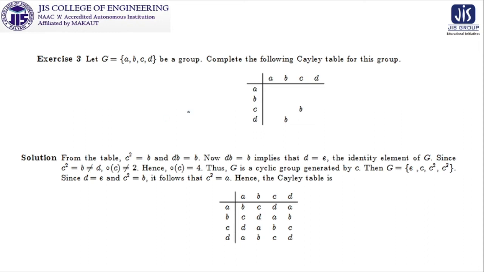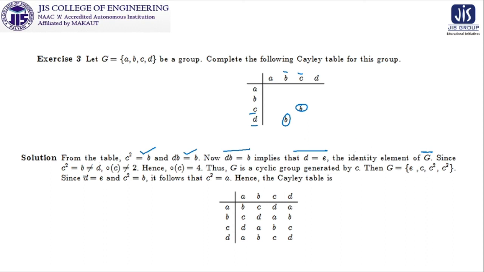From this table, look at this, C and C, it is B. So C square is equal to B, and DB is B. Now as DB is equal to B implies D is equal to E. How? Because I have operated B inverse, and D is equal to the identity element of G, and D is equal to E means that D is itself the identity element.